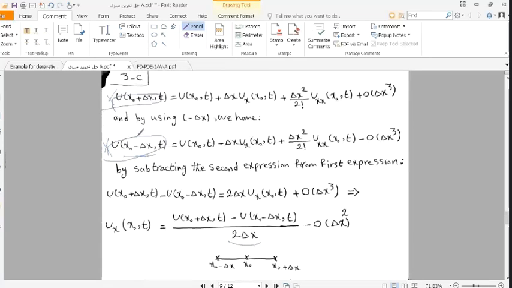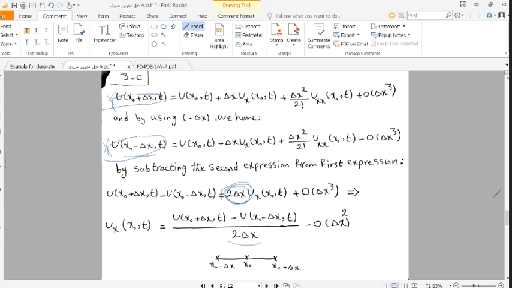Why do we subtract these two expressions from each other? We obtain 2 delta x in our formula. Okay, and when we write this formula for each point, for example x_i and t_j, we have u_x at x_i and t_j approximated by u_{i+1,j} minus u_{i-1,j} over 2 delta x.